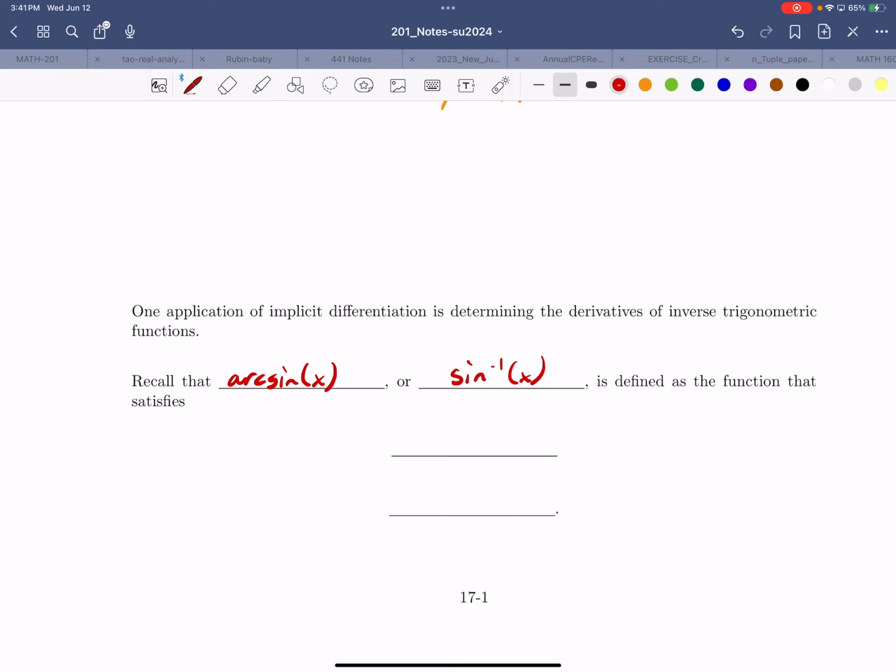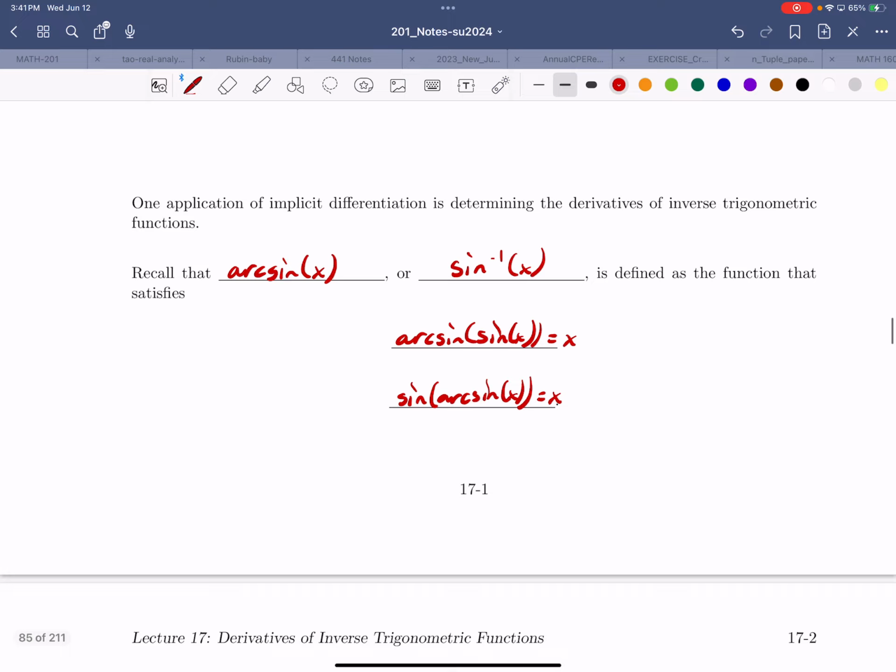It is defined as the function such that arc sine of sine of x equals x, and sine of arc sine of x equals x. Right? So they undo each other.